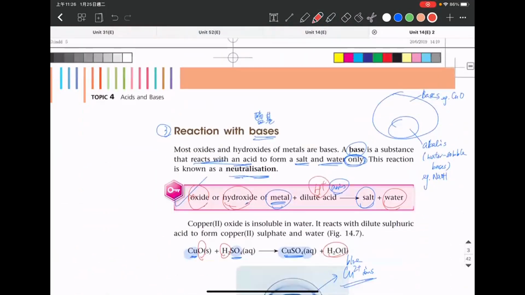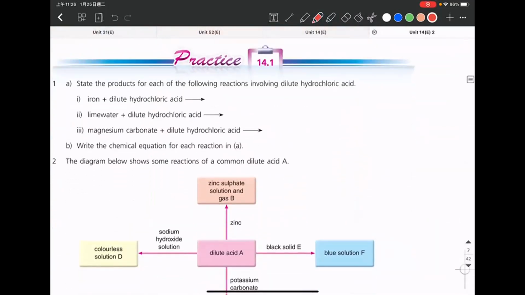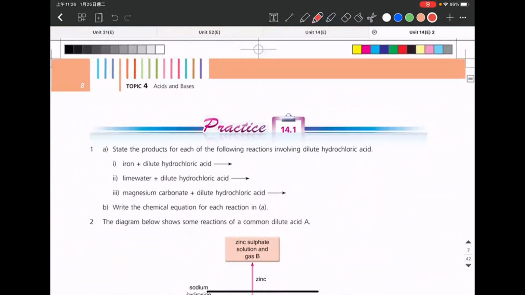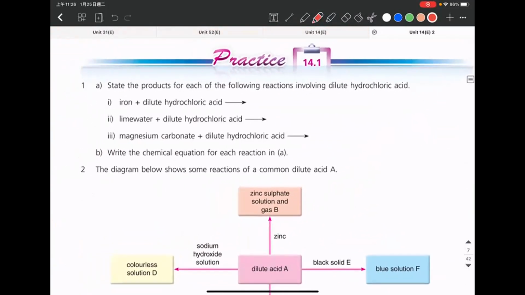Now we come to the recap of today by doing some class practice on page 8. Take a look at that. Could you please do question 1 right now? State the products for each of the following reactions involving dilute hydrochloric acid and write the chemical equations.